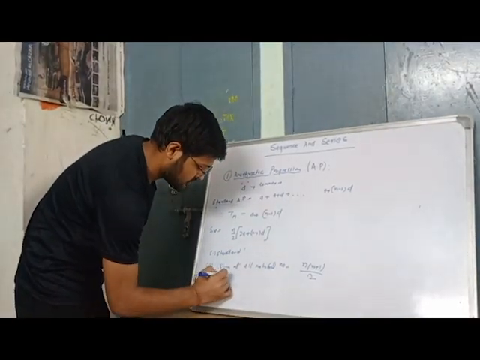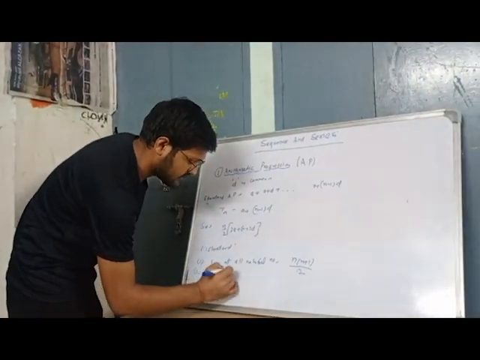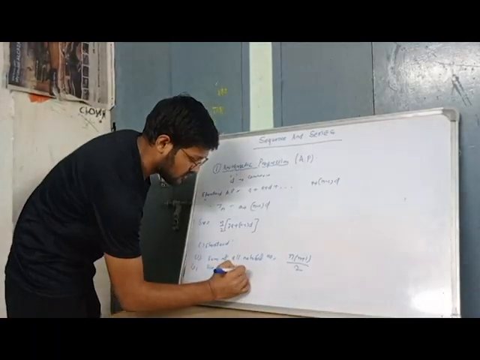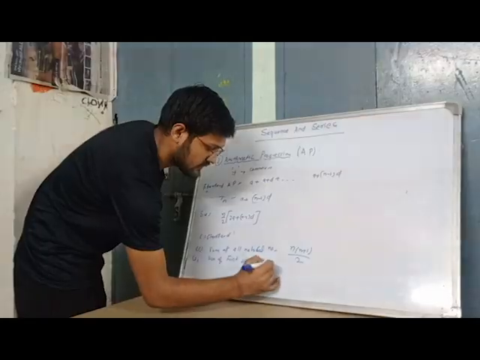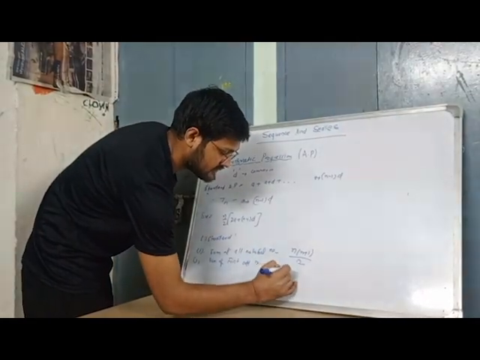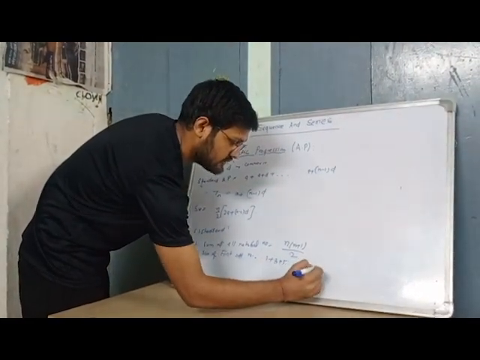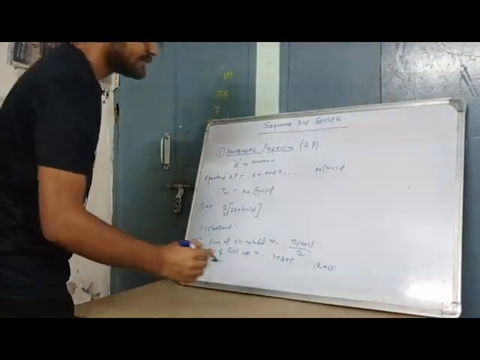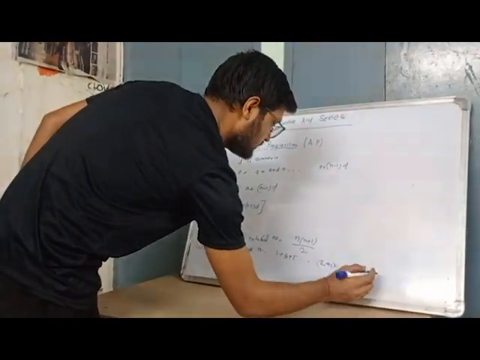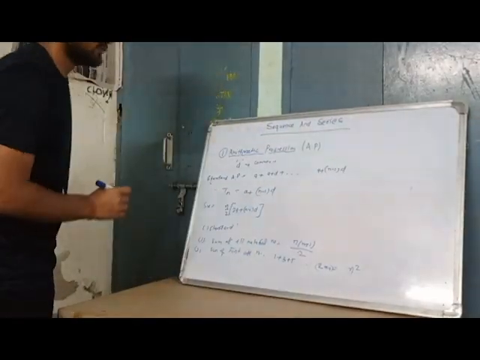The sum of the first n odd numbers, 1 plus 3 plus 5 up to (2n minus 1), will be n square.